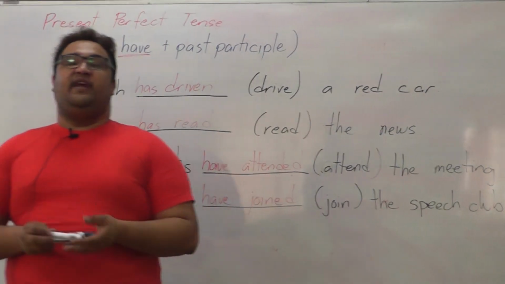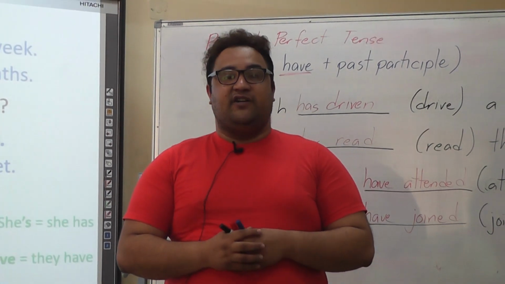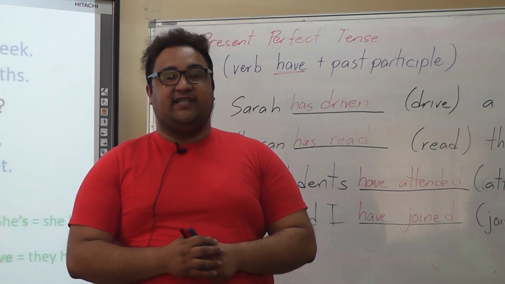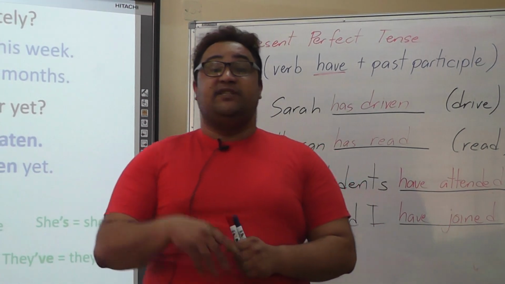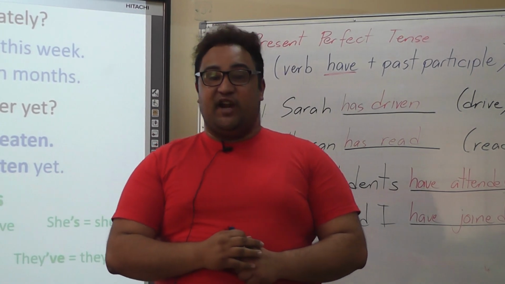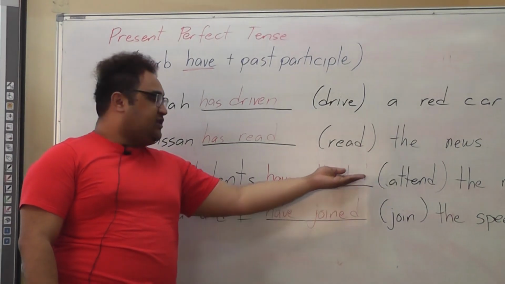So this is very, very easy. You need to focus on familiarizing yourselves with the past participle of the verbs, especially the irregular verbs. So just like here, we have two irregular verbs and we have two regular verbs.